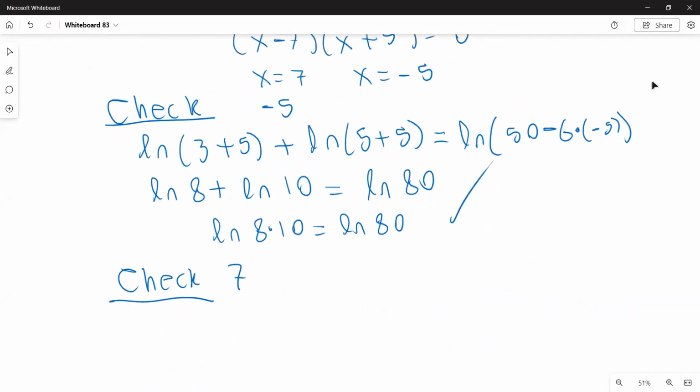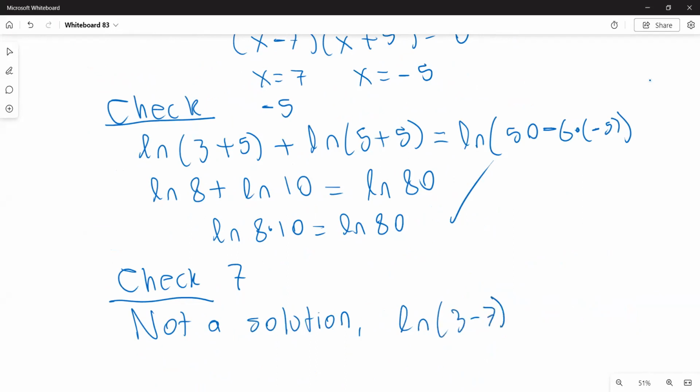So this is not a solution, because natural logarithm of 3 minus 7 and natural logarithm of 5 minus 7 are undefined. The other one is going to be fine, but yeah, we have two undefined expressions. So the solution set is negative 5.